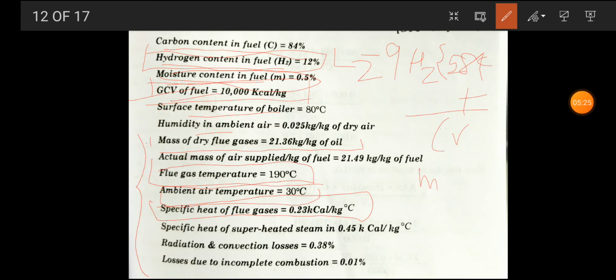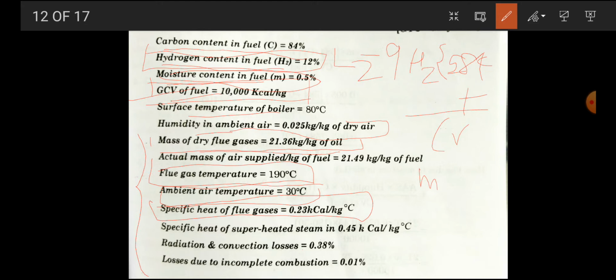For moisture in the air, the mass of flue gas, 21.36, is multiplied by the humidity, that is 0.025, and by Cp into (Tf minus Ta).